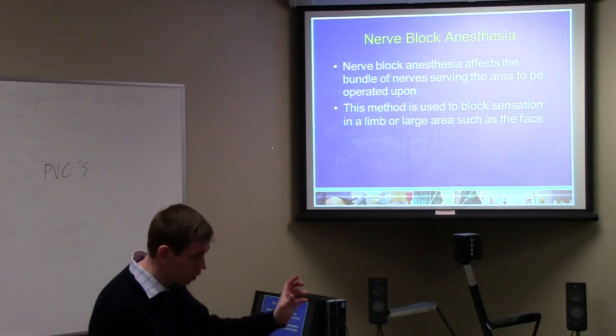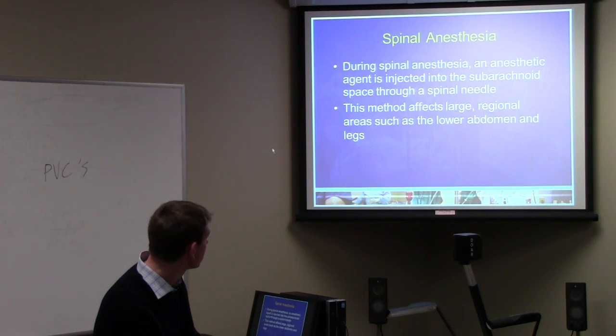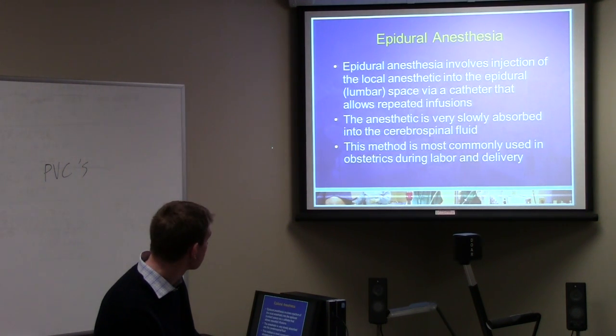It could be used for small areas or large areas if you're doing a regional, but same principle. With our spinal, for example, this would be like an epidural. Now, it's most commonly used during labor and delivery.